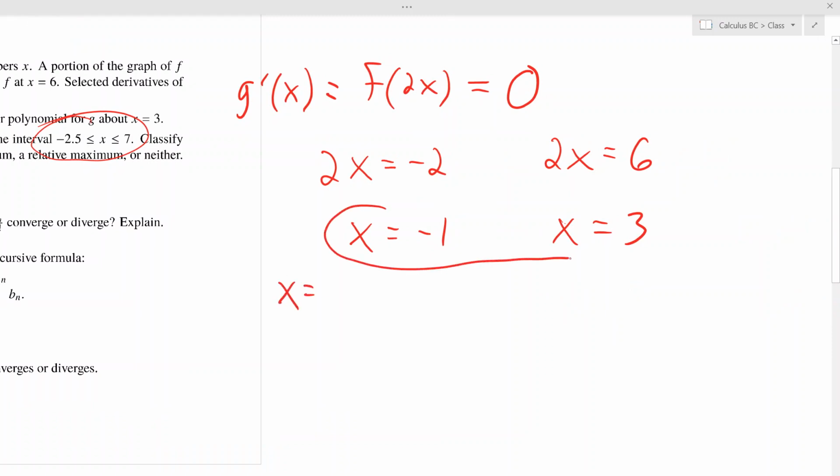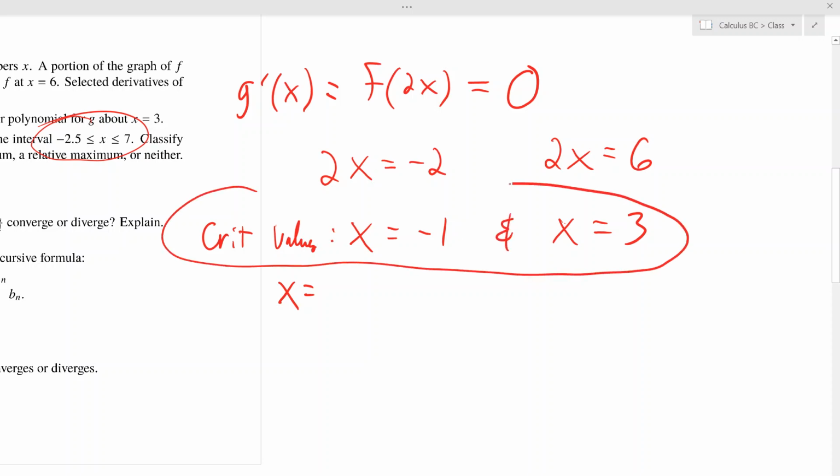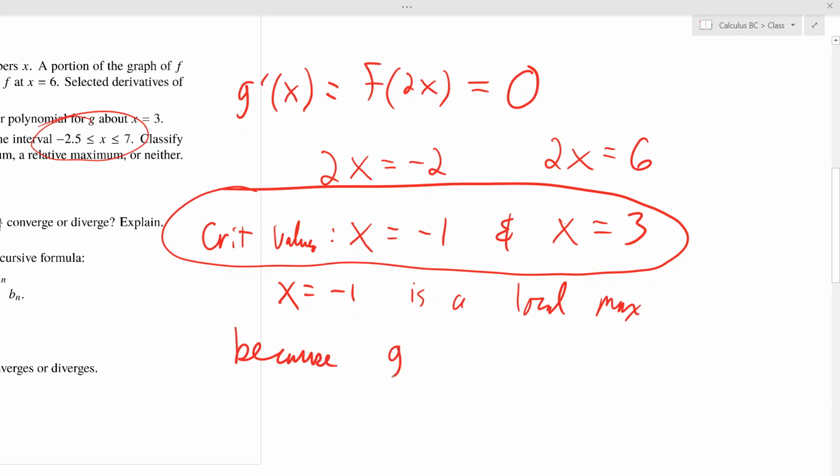So here are our critical values, right? So you might want to write that, I guess. So crit values are that and that, right? So that's our first part. And then x equals -1 is a local, what do we say, max? Because, and don't say the graph, name the function. G prime of x is what we're talking about here.